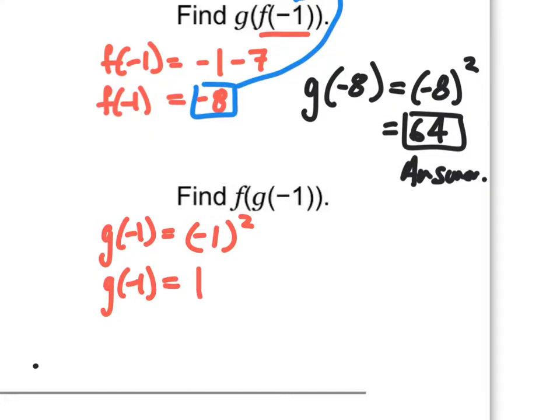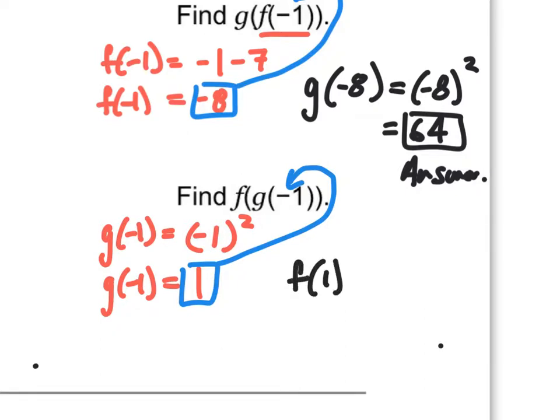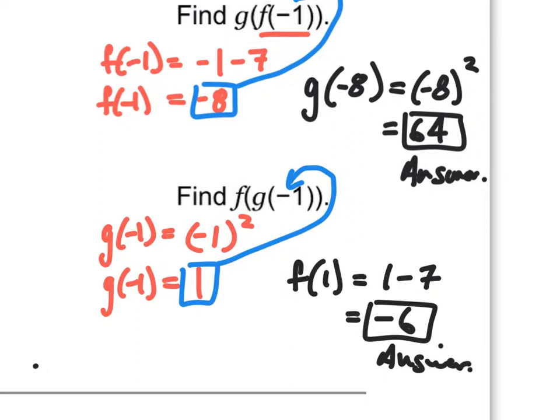So now I'm going to take this value and plug it into my function f, okay? I'm just going to plug it in here. So then the new problem is asking me to find, well, what's f of positive 1? And that's just going to give me 1 minus 7, which gives me a value of negative 6, okay? And that's our answer. So, that's all we're doing, okay?